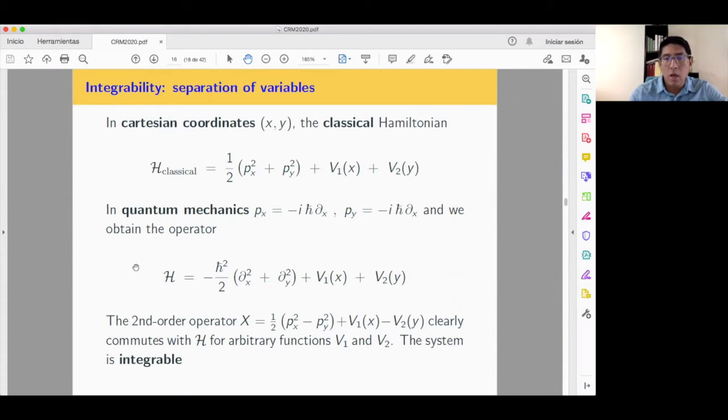So it's an integral of motion for arbitrary functions V1 and V2. V1 depends only on X and V2 only on Y. And the system is trivially integrable. So we can indicate, in addition to the Hamiltonian, another conserved quantity.